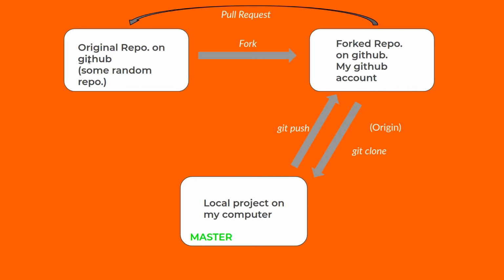For this, if you think for a while, you can figure out that we just need to create a remote, or a path, that would connect the original repository to our local repository. So let's create a path from the original repo to our local repo.